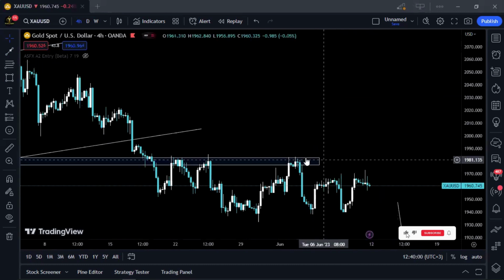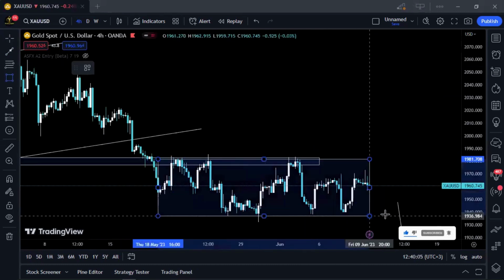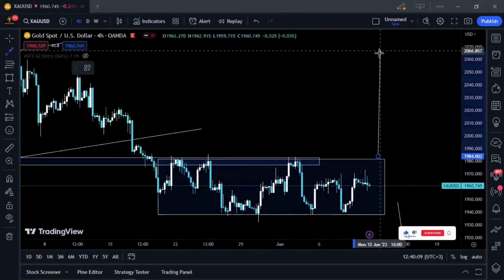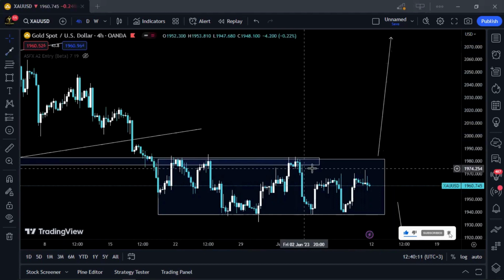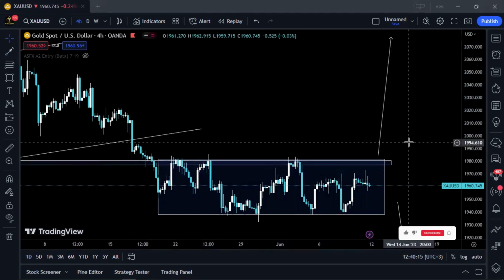Gold prices haven't really given us a solid confirmation yet. Prices are still ranging. However, we are bullish biased because DXY might be dropping. So we'll be waiting for prices to break above here before we actually look for continuation, right? So that's what I'm anticipating to happen on the US dollar for this coming week.